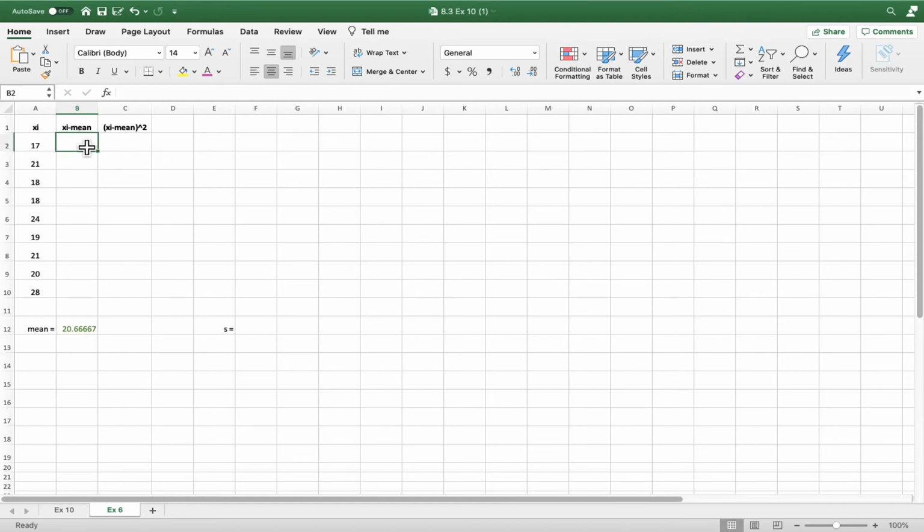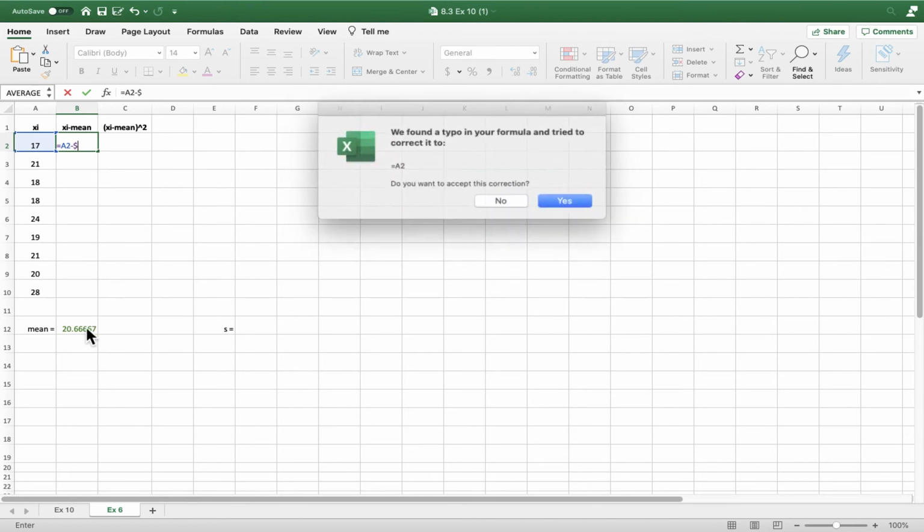And then we want to take each data value and subtract off that mean. So we say equals the data value minus, and we can select down here, but we have to put a dollar sign first.